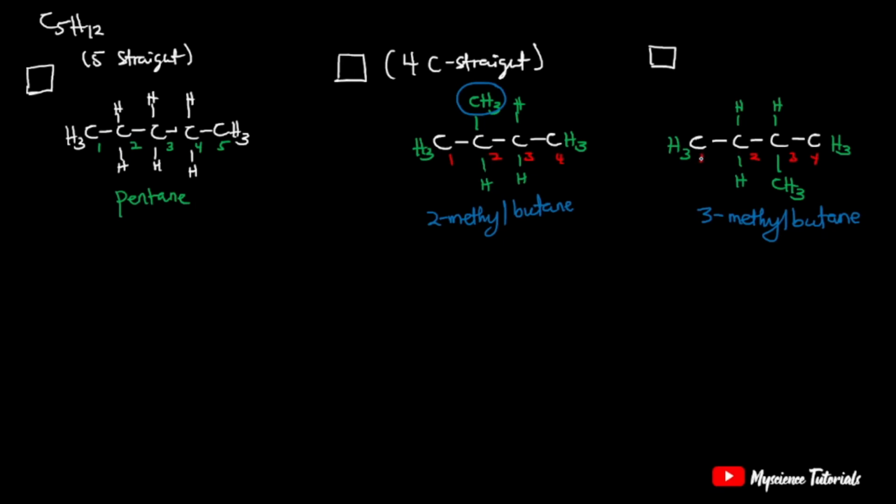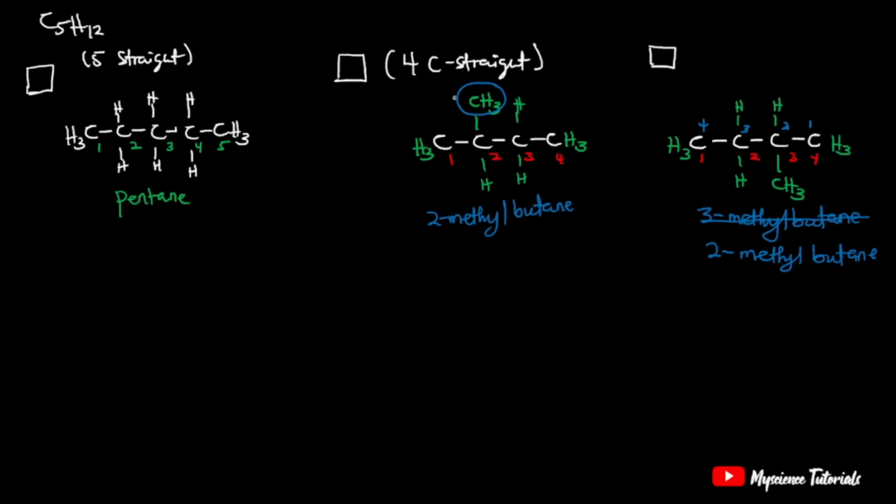So which means counting from this direction will be wrong in this case. So we need to count from here as carbon 1, carbon 2, carbon 3, and carbon 4. So this compound is not 3-methyl butane, but it is what? 2-methyl butane. Okay, so which means this naming is wrong and this is the right naming. So we get to realize that this compound and this compound are still the same.